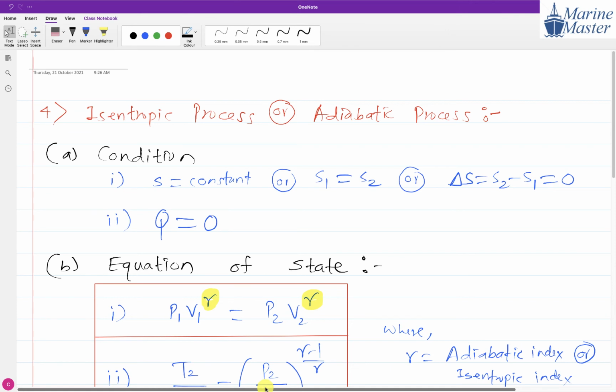Q is equal to 0. Q is equal to 0. If I call you early in the morning, 5 o'clock, and ask quickly what is the heat transfer for an isentropic process, you should say 0. And that's why entropy is remaining constant here.